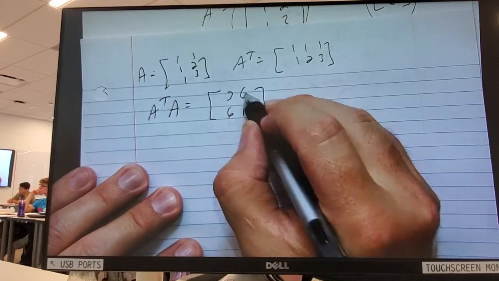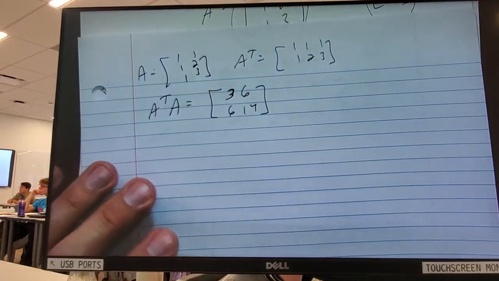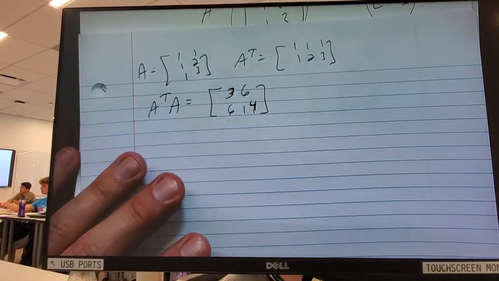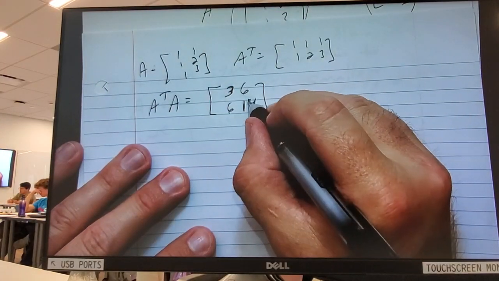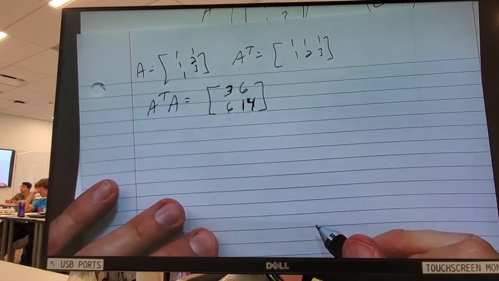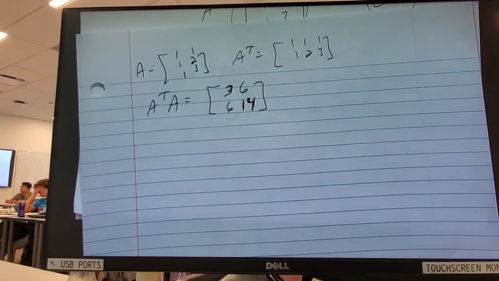I feel pretty good about this because everything seemed to work out in the end. So you can see that if you want to. 3, 6, 6, 14. A lot of 6s today. Perfect.